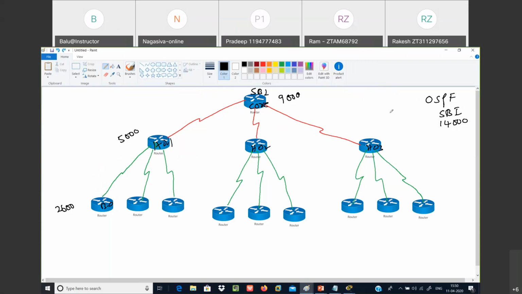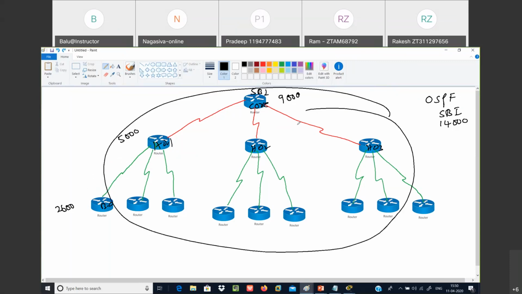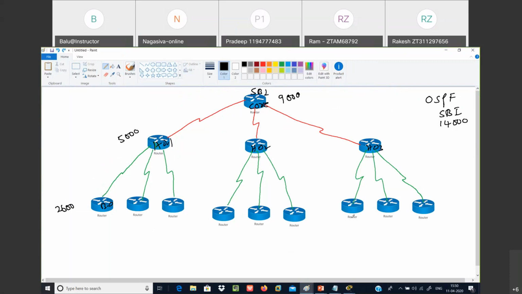You know what happens here? The performance of all 14,000 routers will go down. That means the complete SBI network is slow. The customers, no customers for SBI, they shift to other banks. This is the problem that happens.